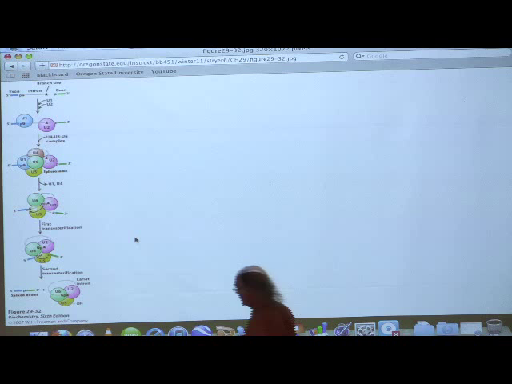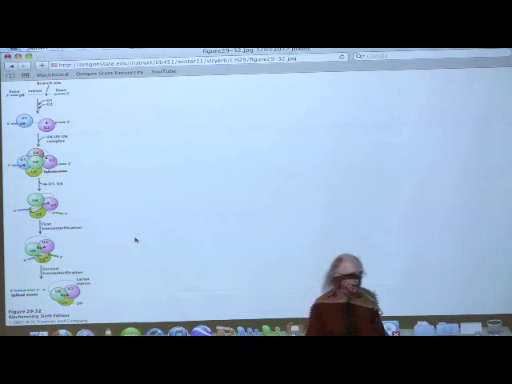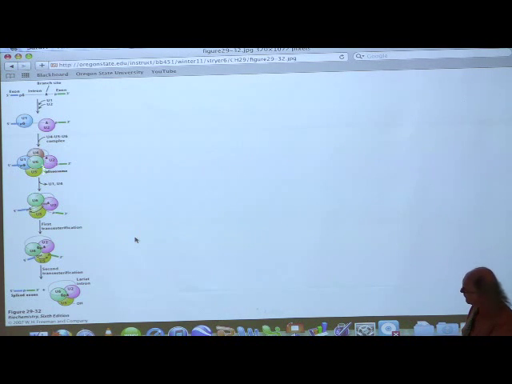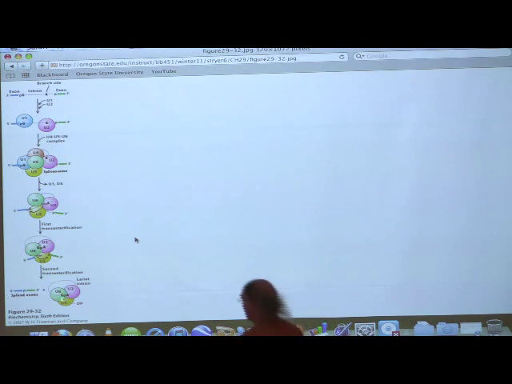There's that A in the branch point. Then everybody else comes together, and we're not going to worry about the order in which this occurs. But we see that the other U proteins are involved in putting all those pieces together. In other words, remember we had to bring the A over close to the 5' end of the intron. These guys are helping to position everything else so that that reaction can occur.